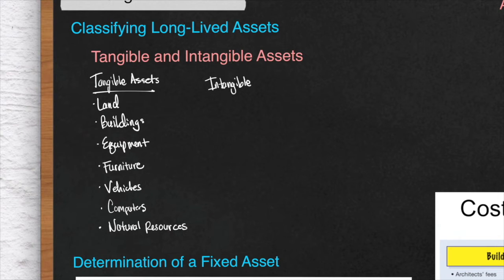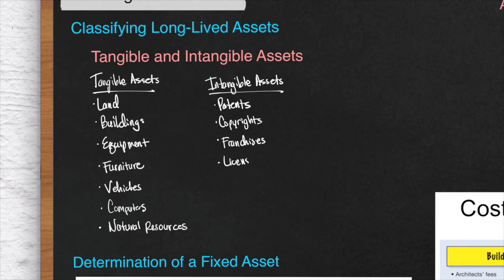An intangible asset is an asset that you cannot touch. Examples include patents, copyrights, franchises, licenses, trademarks, and goodwill.